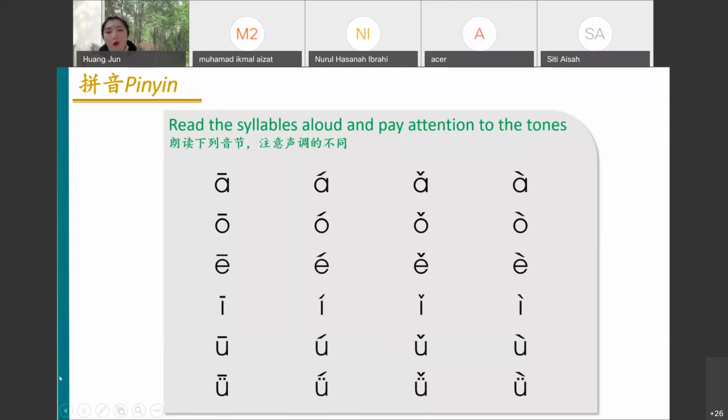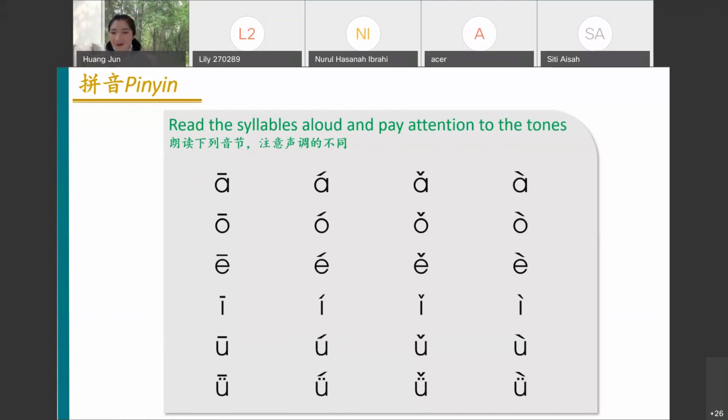One more time. You have to circle your mouth. I told you, it is the same sound as you read in Malay, the down. So then there is no difficulty in pronouncing.